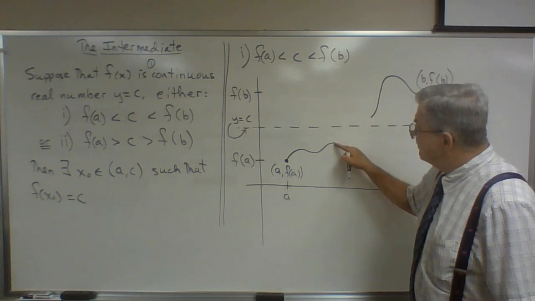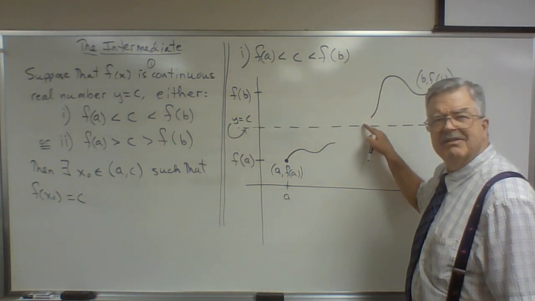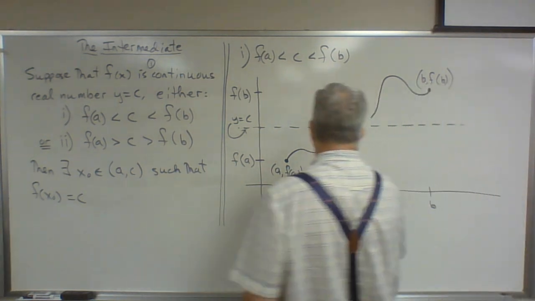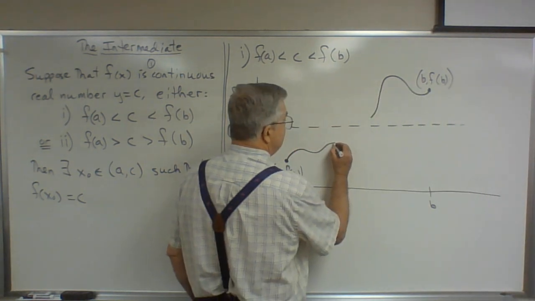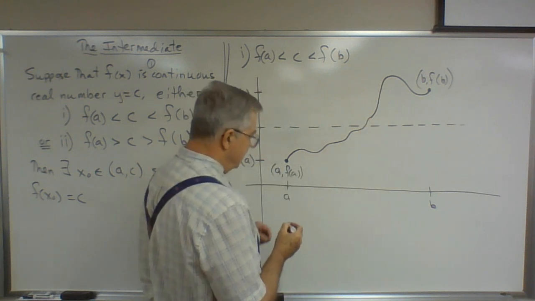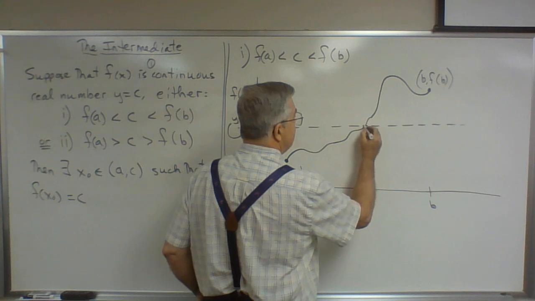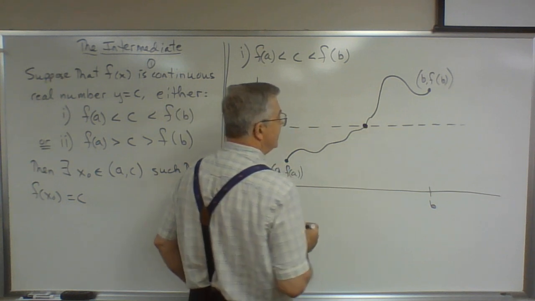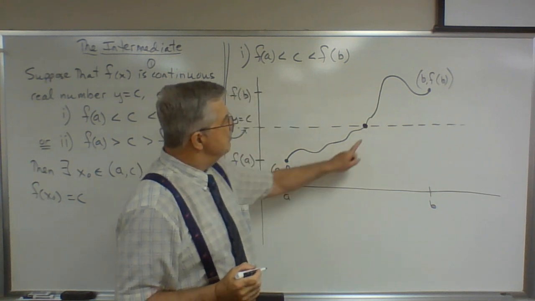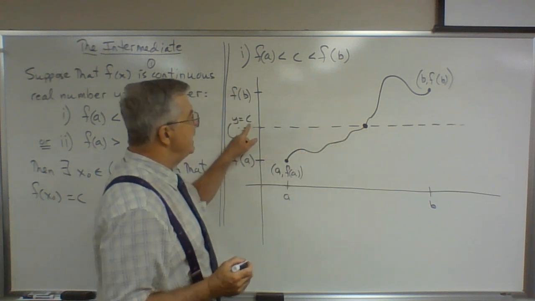We can't get from here to here without crossing that line. So here's what the graph could look like. And guess what? Right at this point, the graph crosses the line y equals c.